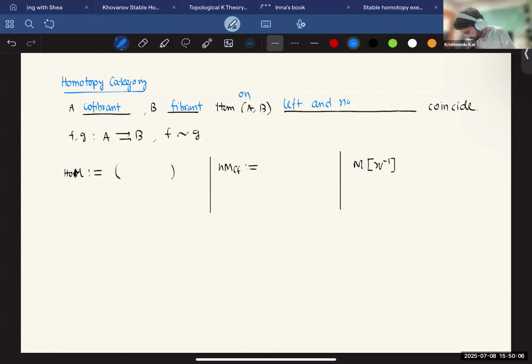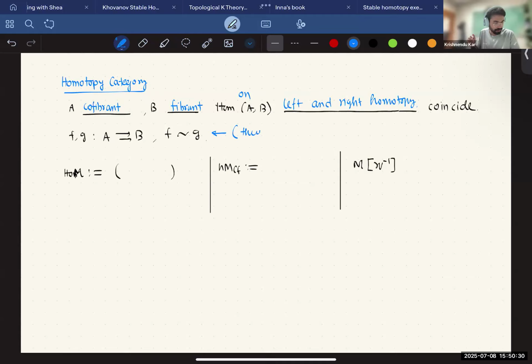So 2 maps from a cofibrant to a fibrant object are called equivalent if they are either left or right equivalent. I'm not defining them, I'm just saying that they have a notion of homotopy, because I have to define a lot of things.